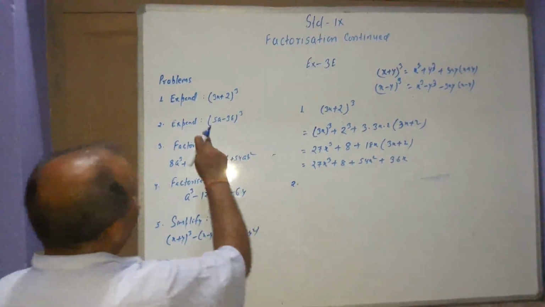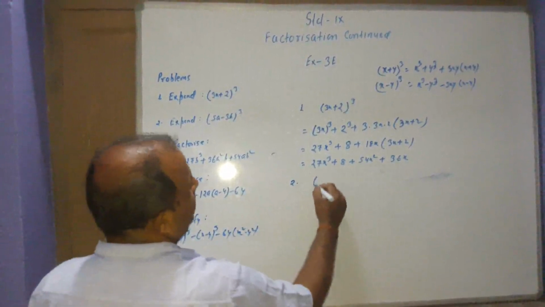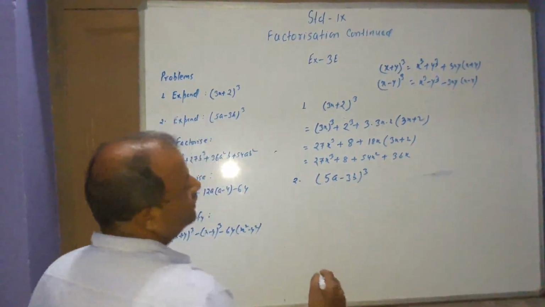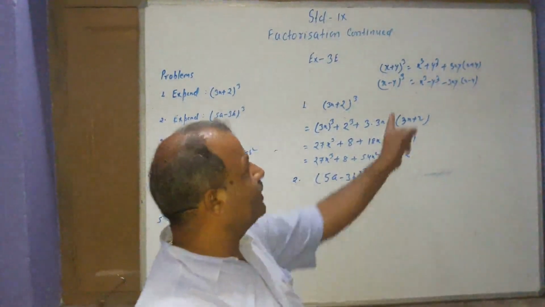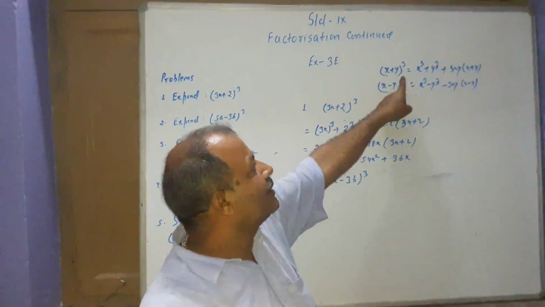Next problem. To expand 5a minus 3b cube. That is 5a minus 3b cube. This will be expanded with the help of this identity, that is x minus y cube.